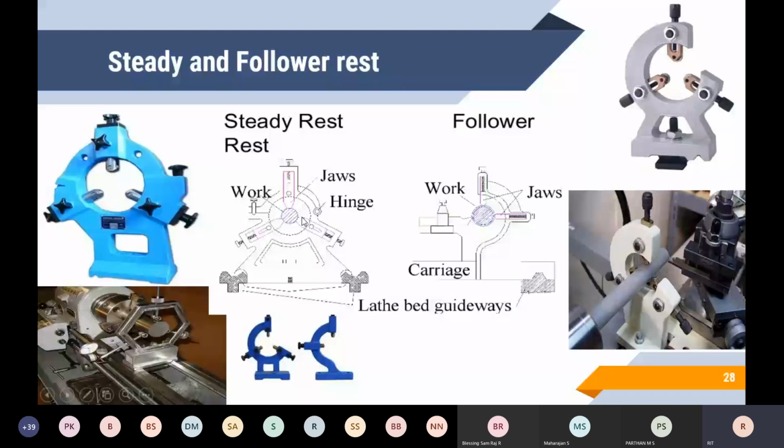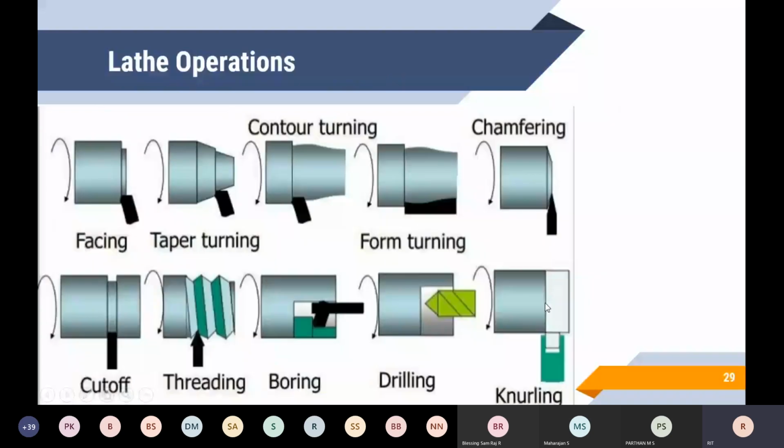Then, as everyone knows, some of the basic lathe operations are facing, taper turning, contour turning, chamfering, form turning, cutting off, threading, boring, drilling, and knurling. These are the basic operations.